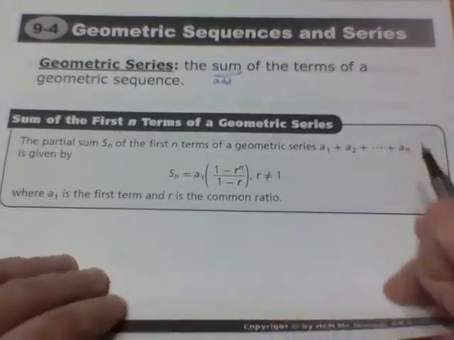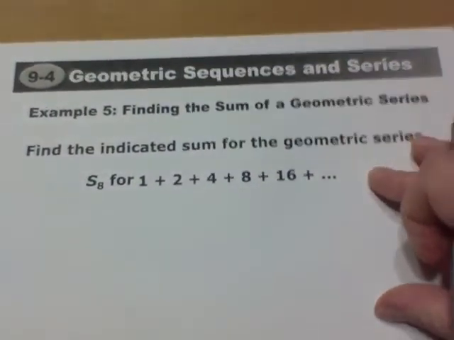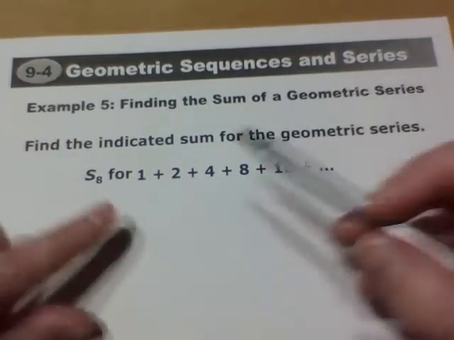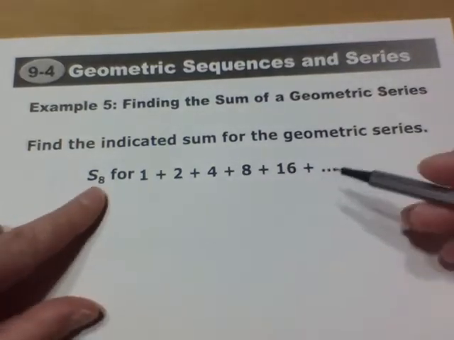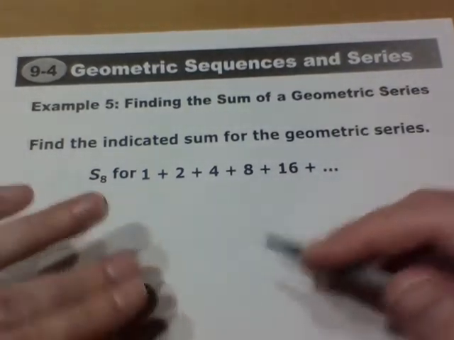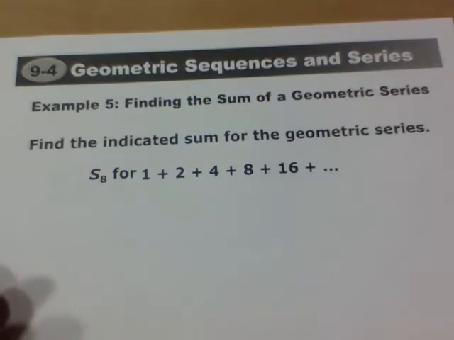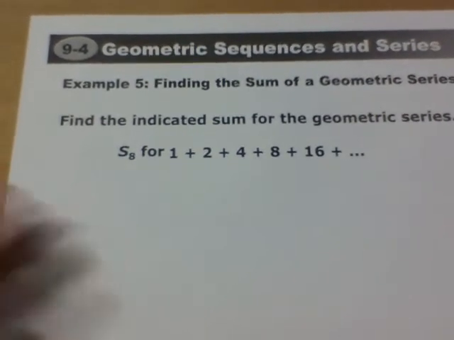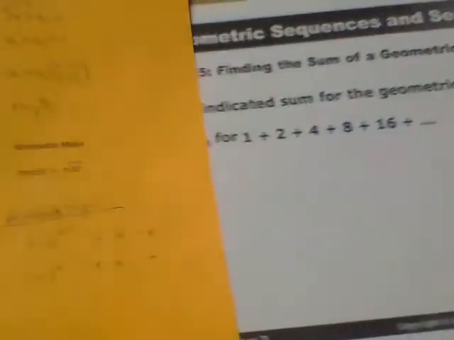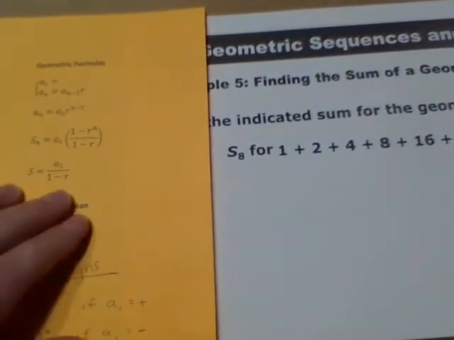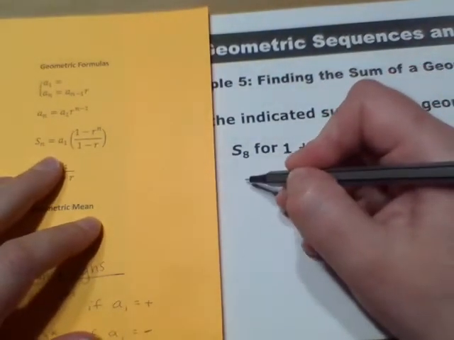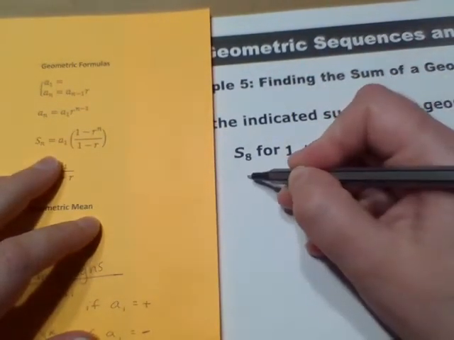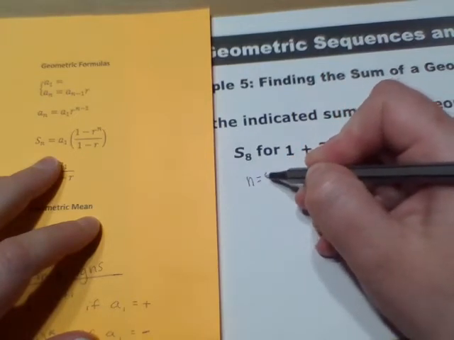So we are going to use that idea to find this sum. And again, very easily you could go ahead and just add all 8 numbers, but we are trying to use these formulas so we can get used to it and then also be able to apply it for a higher value. So taking a look at S sub 8, that means that n is 8.